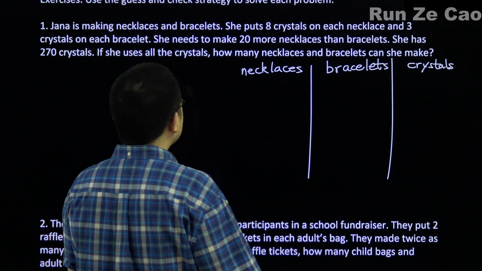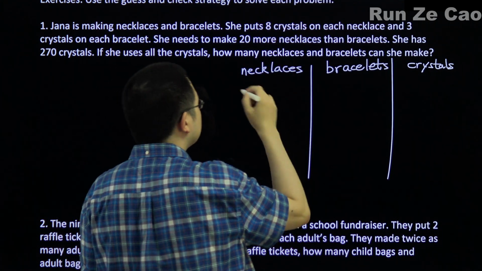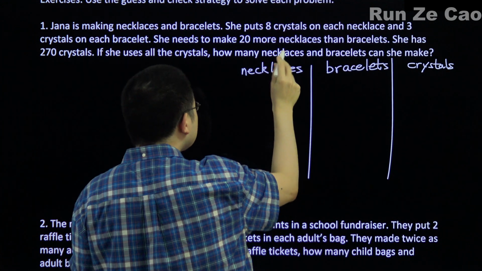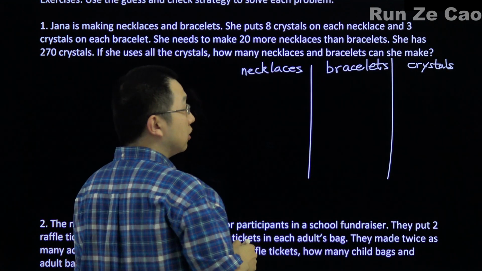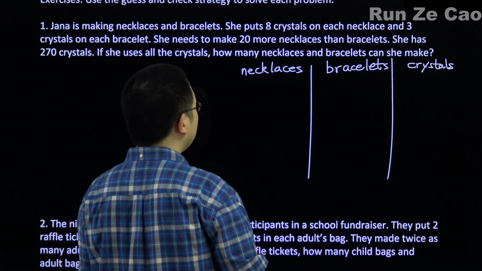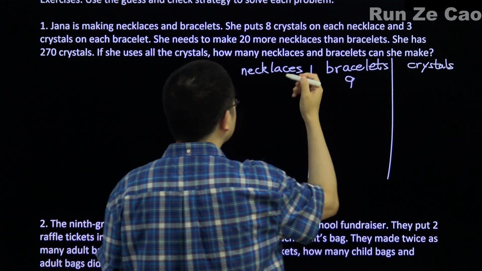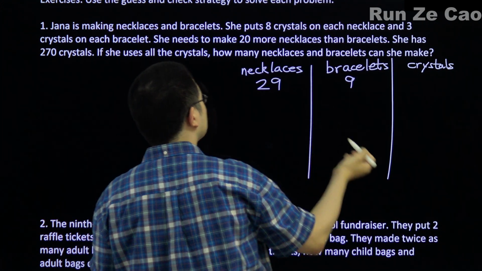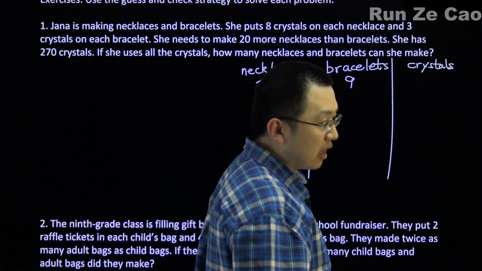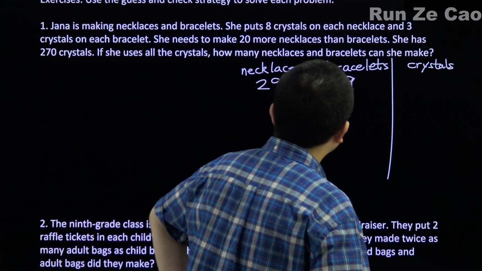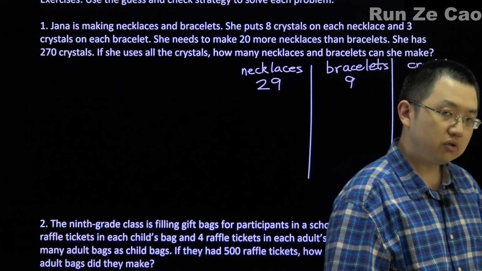Yeah, this is easy to do algebraically. Guess and check is actually harder for this problem. But, like, this is what you'd be expected to do for guess and check. 29 necklaces, 9 bracelets, and then you multiply and add together to get the number of crystals.